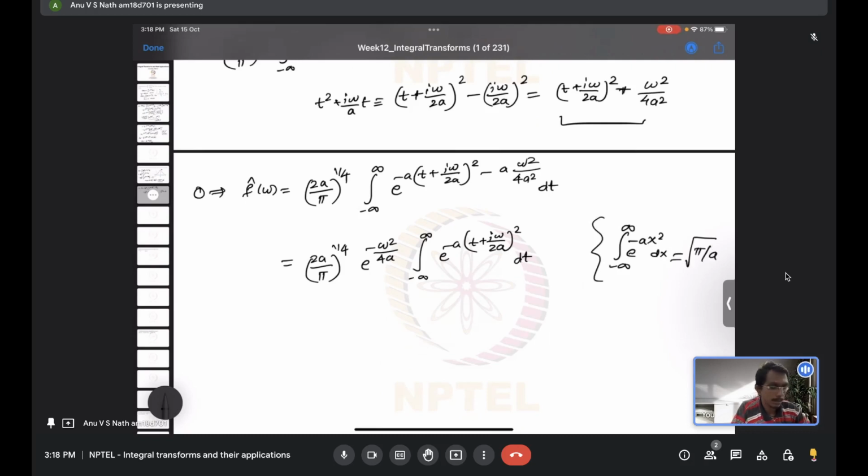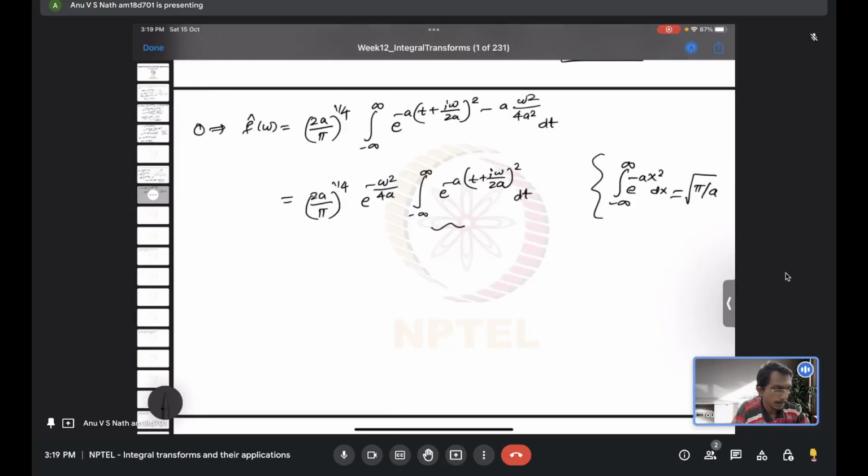This is the standard result we are going to use. So it's 2a by pi the whole raised to 1 by 4, then square root of pi by a, exponential of minus omega square by 4a, which is the Fourier transform of the Gabor window function.